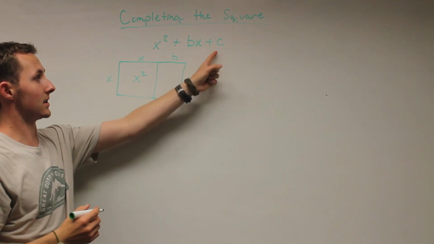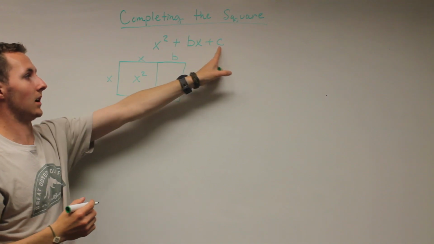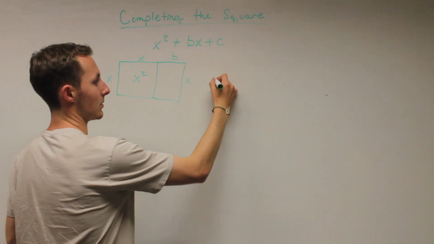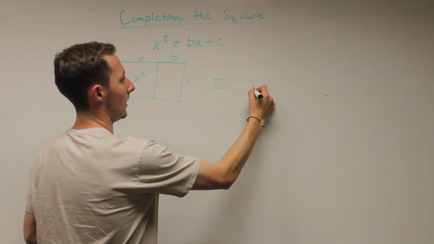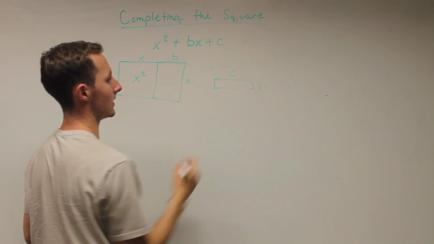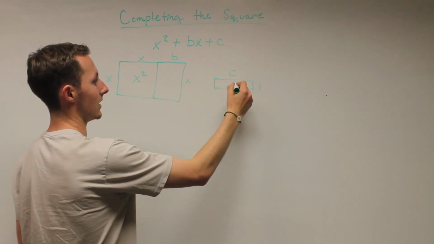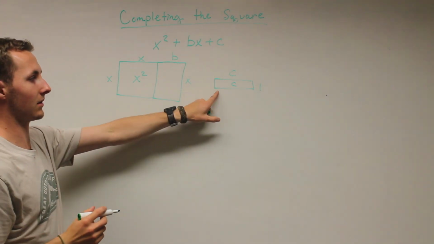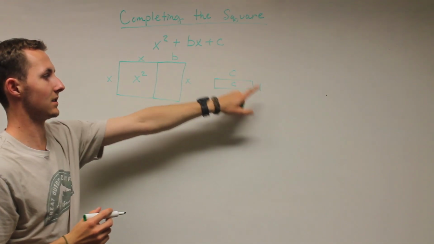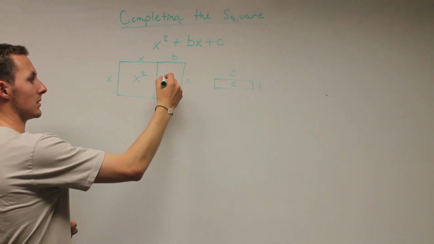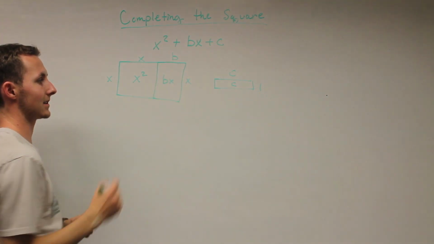And our last piece is going to be this component c, which will represent with a small rectangle of width c and height 1, which is going to have area c. As we know, the area of a rectangle is width times height, c times 1. Same thing for this one, it's going to be area b times x.